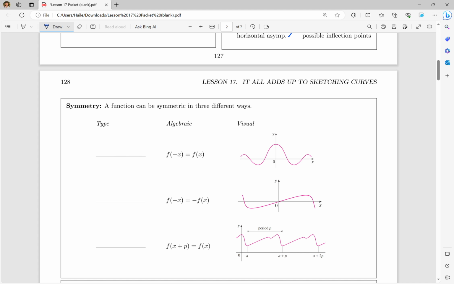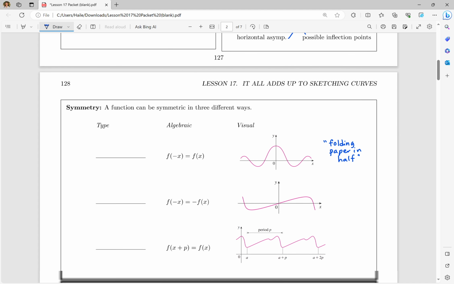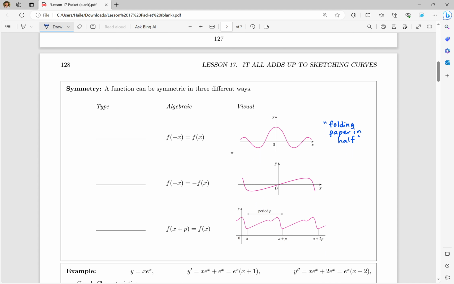So the first way is if we have this picture over here where it's like we're folding a piece of paper. So folding paper in half. All right, so you notice in the picture, if we were to fold this graph along the y-axis, it would match up if we folded it in half.